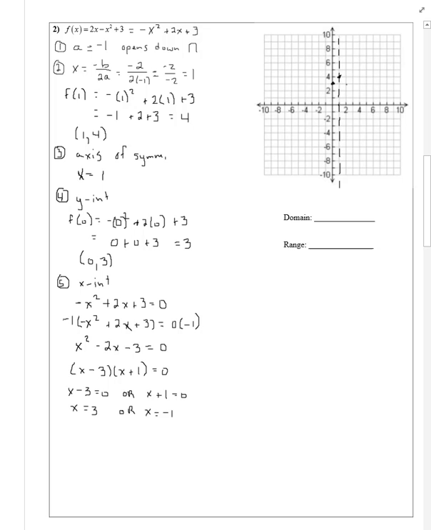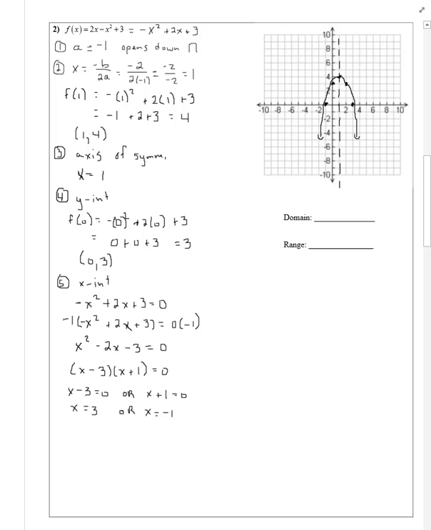And remember, because of symmetry, we know that we also have a point at 2, 3. And we have our two x-intercepts, negative 1, 0, and 3, 0. Since we know this one opens down, all that's left to do is draw our parabola and pretend we actually got through the points.